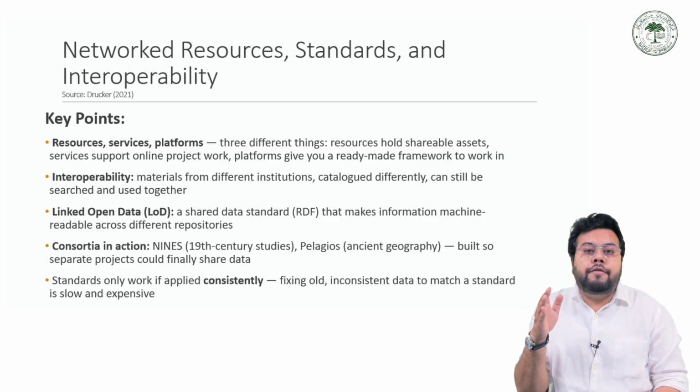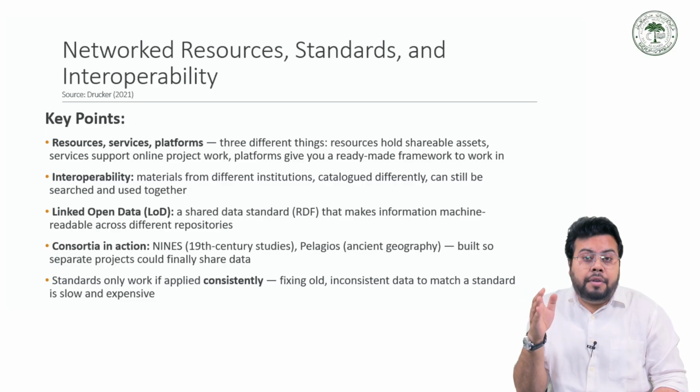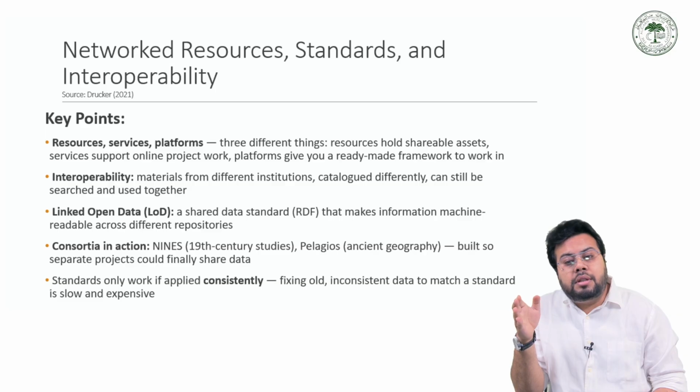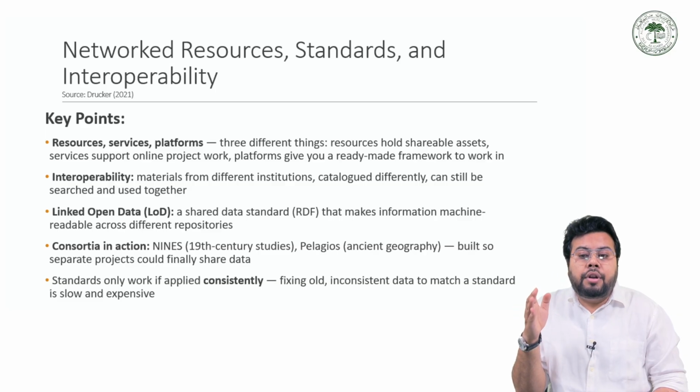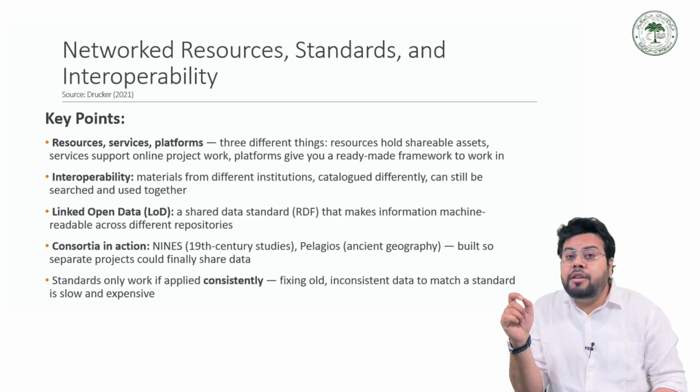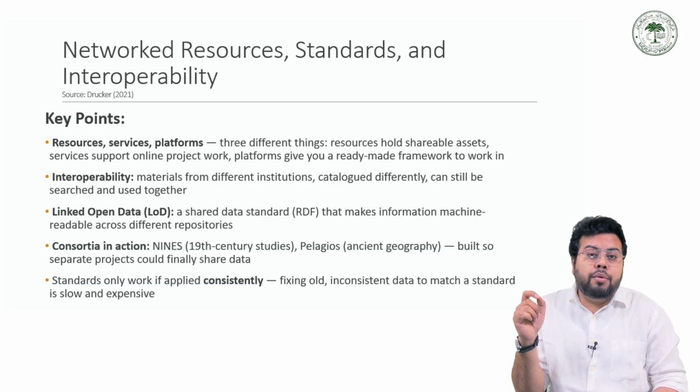Look at the fourth point for a concrete sense of this in action. Consortia like NINES for nineteenth-century studies and Pelagios for ancient geography exist specifically because separate scholarly projects used to be built in isolation and couldn't share data with each other. These consortia were built to fix it.